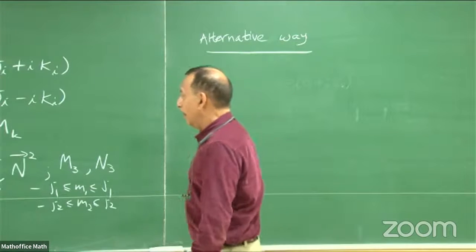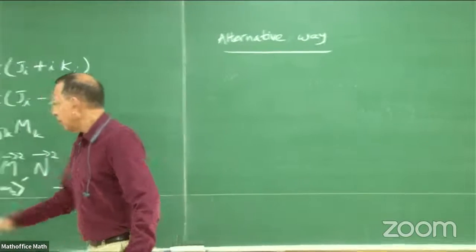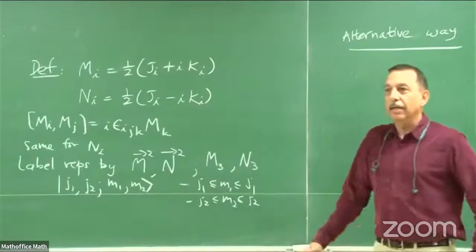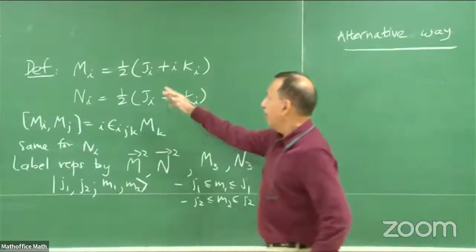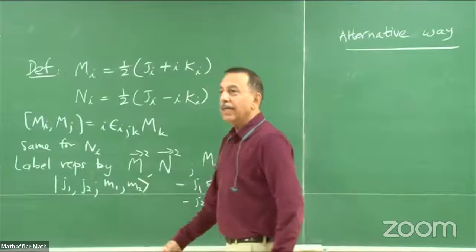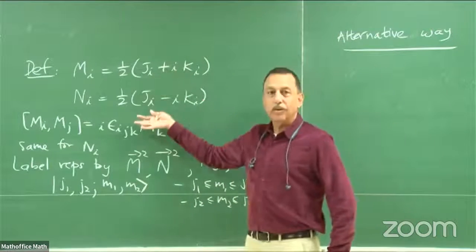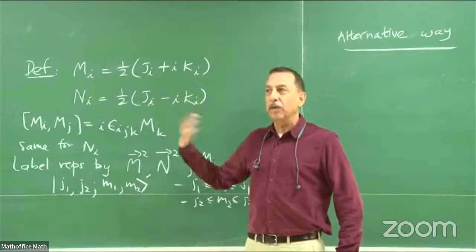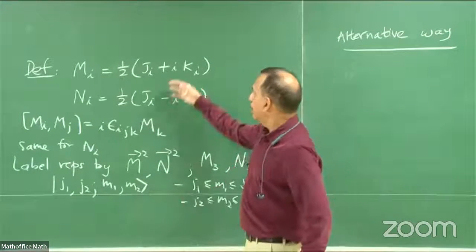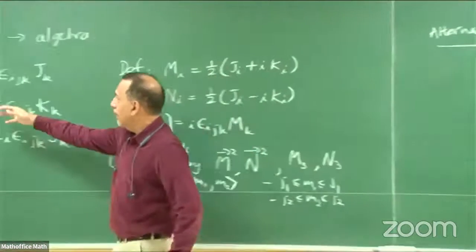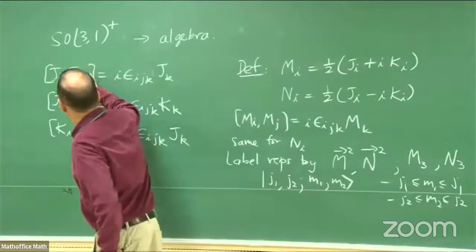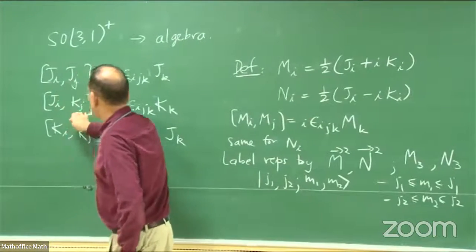So if I have a pair of numbers J1 and J2, and I have a pair of SU2s, I can think of the diagonal SU2, or a diagonal SO3, which is exactly the rotation group. Okay, you can see it from here because out of these, J's generate rotations and K's generate boosts.